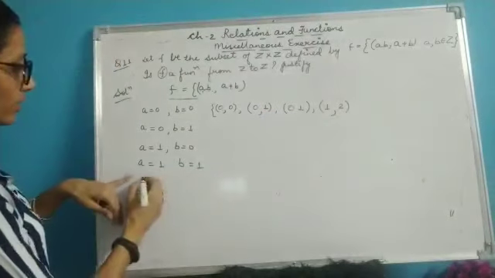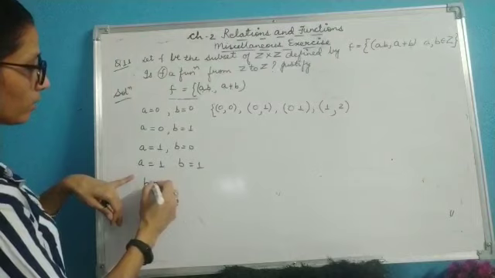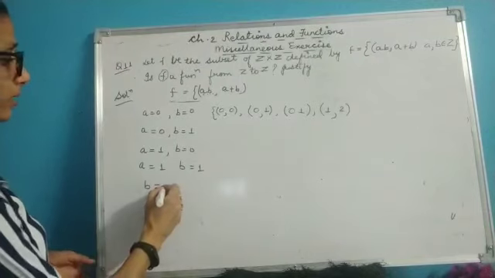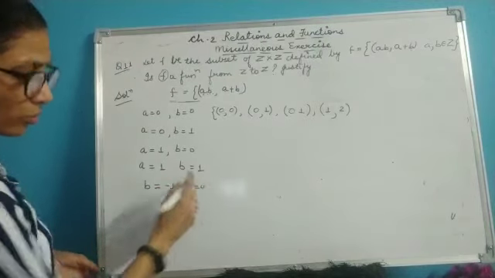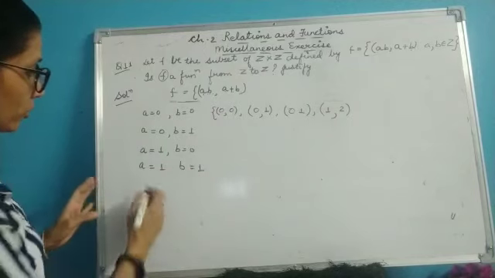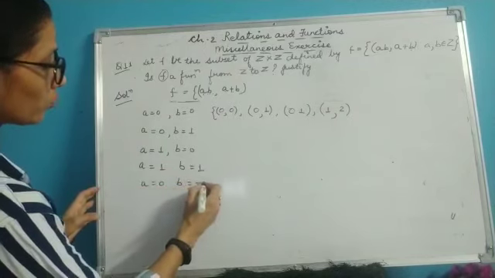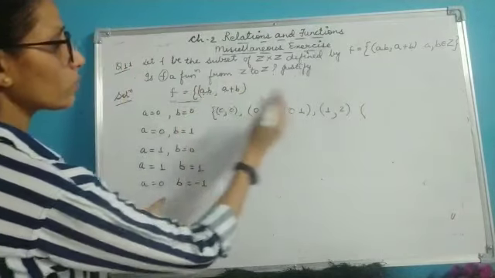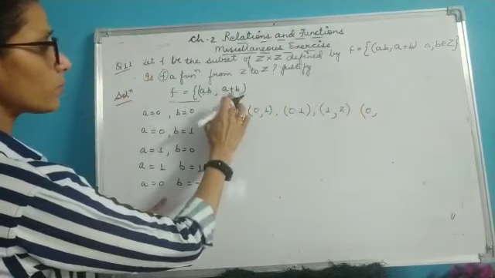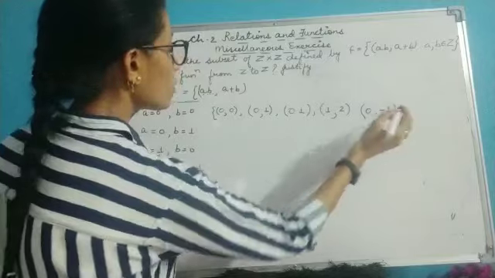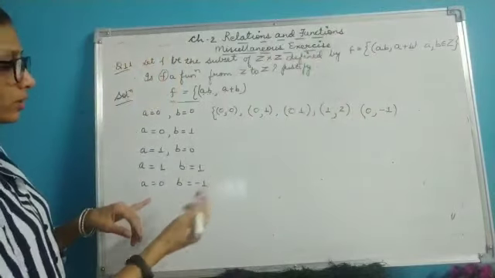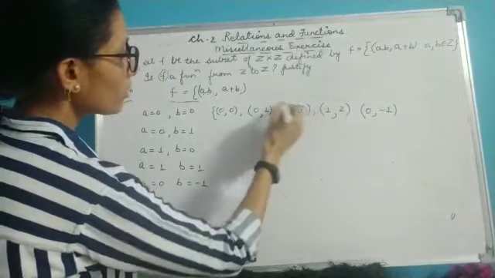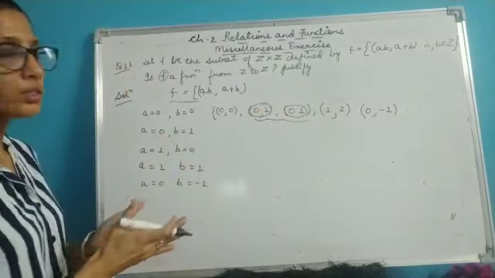Now children, if I take b as minus 1 and a as 0, then what will I be getting? Here 0 into minus 1 will again be 0, and here 0 plus minus 1 will be minus 1. So children, and so on, we can put more values. Now you see here I am getting (0, 1) and (0, 1), so these two can be considered as one only.